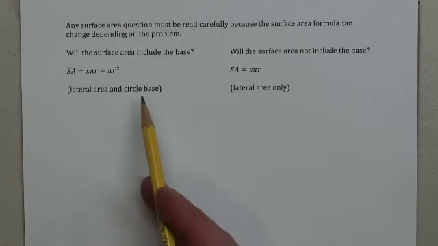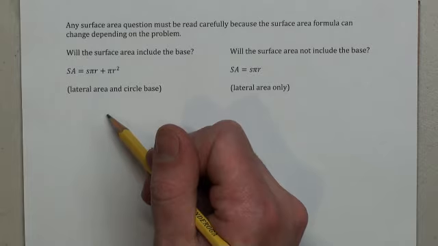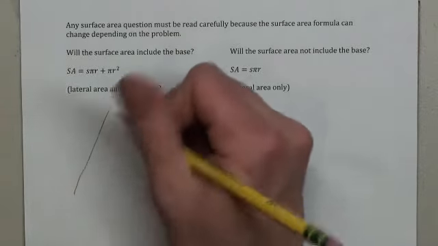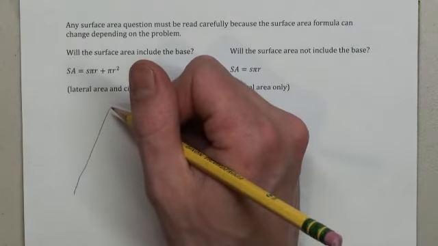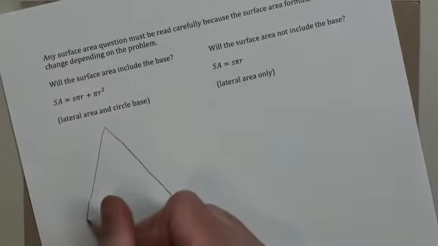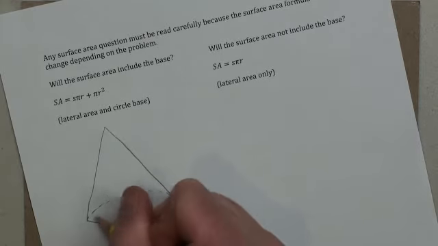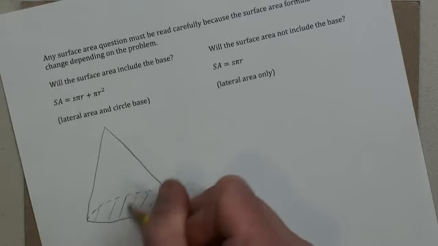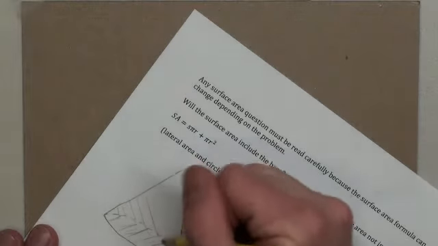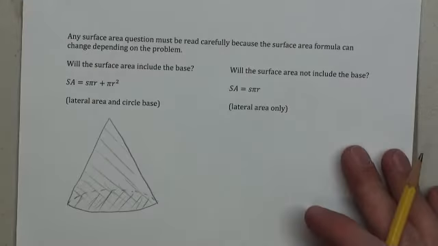It has a lateral area and a circle base, so we would be talking about the full cone here, that area plus the lateral area.